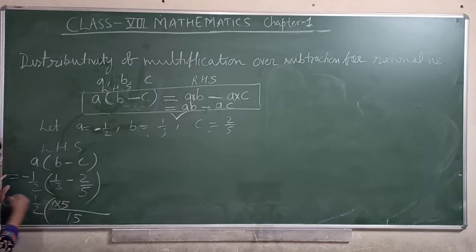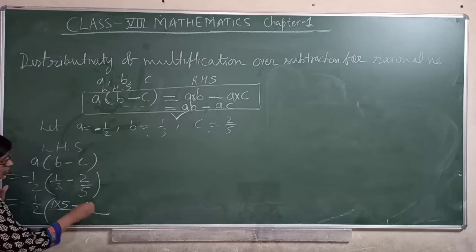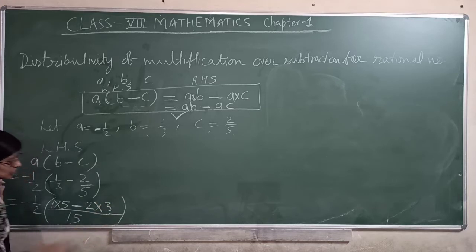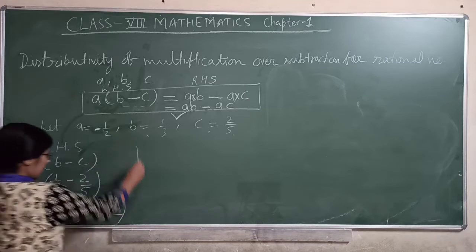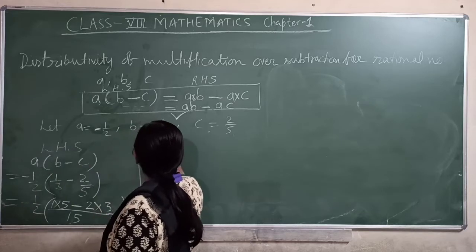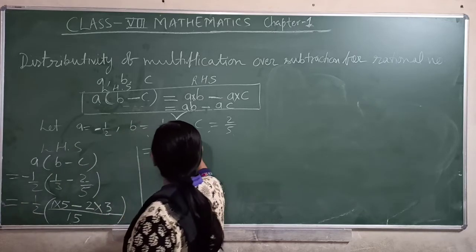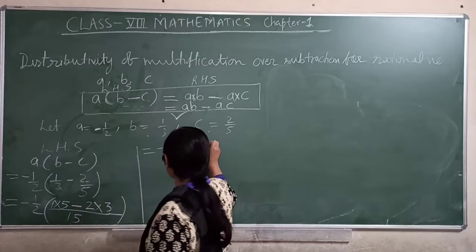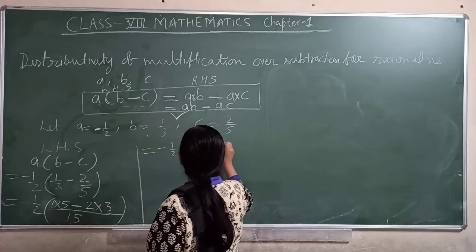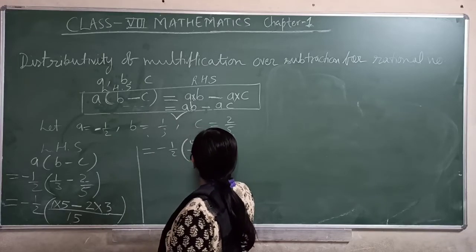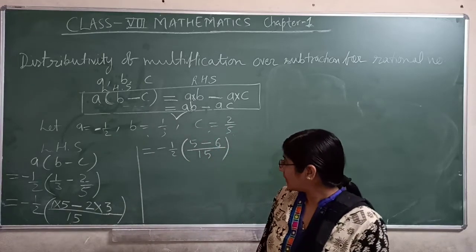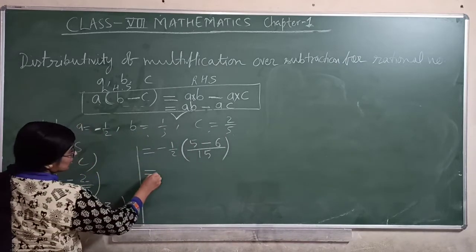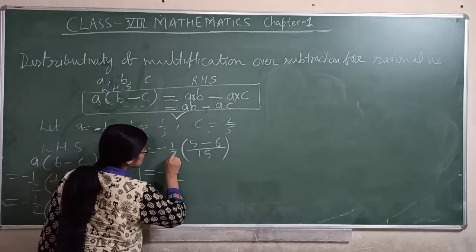So you will get 5. You will multiply with 1. Minus sign is it? 2 you have into 15 divided by 5. So 6 here. Now here minus 1 by 2 within bracket 5 minus 6 upon 15. Okay. Then equal minus 1 by 2 as it.